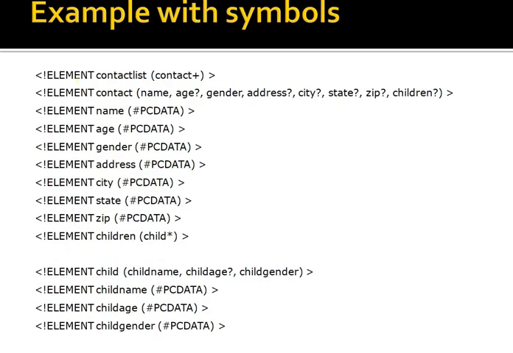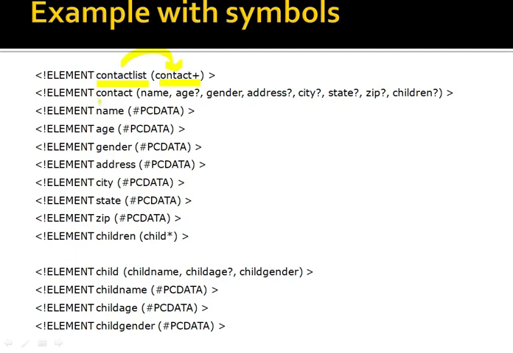Now look at this contact list. Contact plus, what does it indicate? This is the child of the contact list. Plus indicates that the child element can occur 1 or more times inside the parent element.